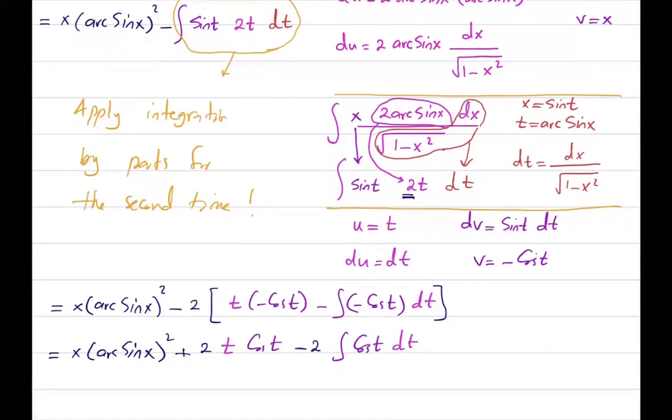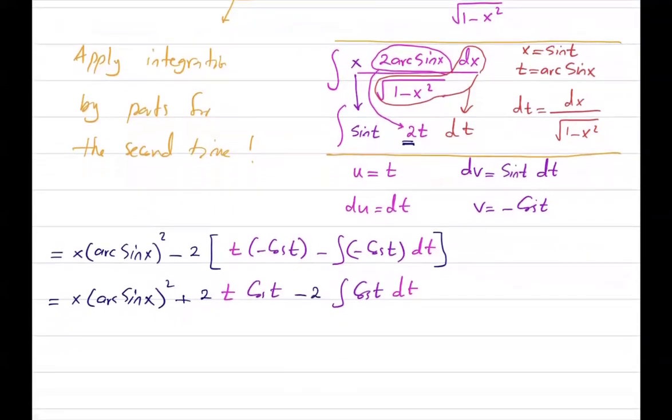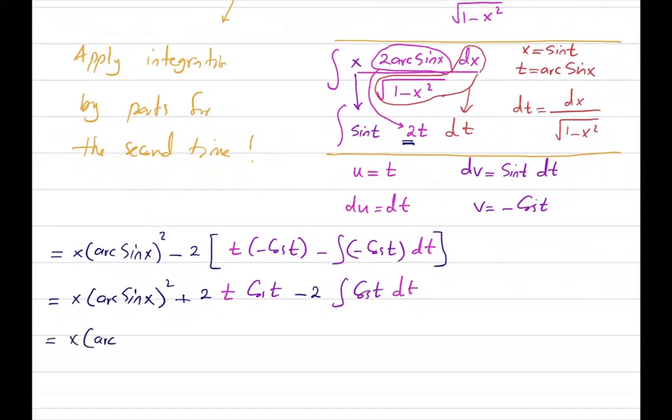But the integral of cosine t is nothing but sine t. So far you have x times arc sine x to the second plus 2t cosine t minus 2 sine t plus c.